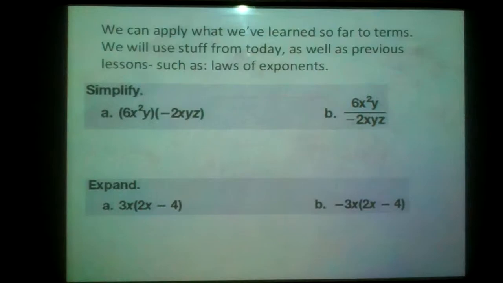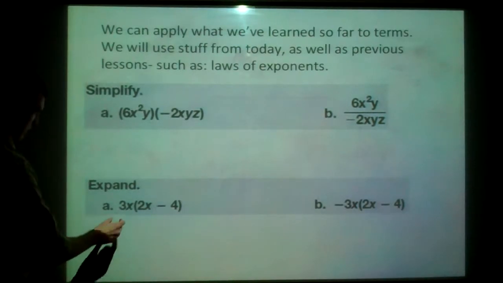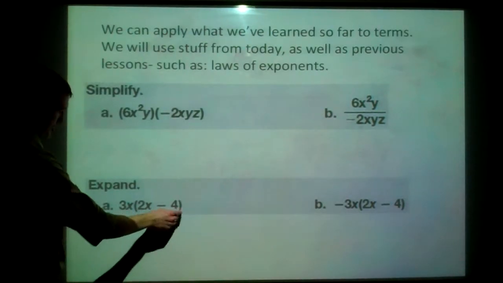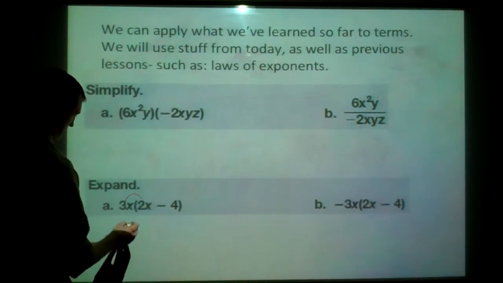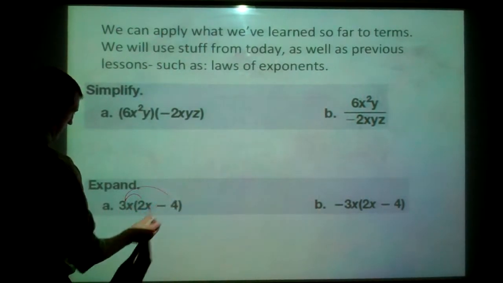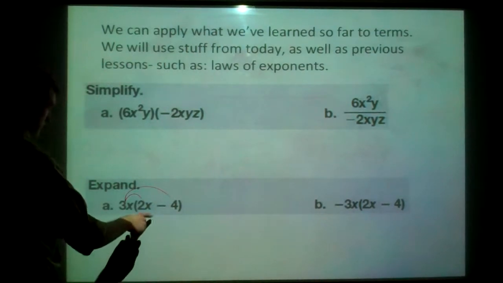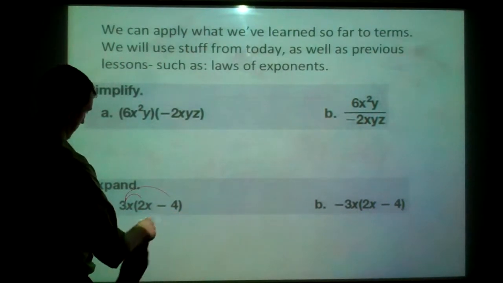Okay, I think I have one last thing to look at here. We can also expand with these, and I'm going to do these real quick because I have to get going. But remember, when we expand, this term is being multiplied by both the terms on the inside. So really we have 3x times 2x and 3x times 4 with a minus sign here.